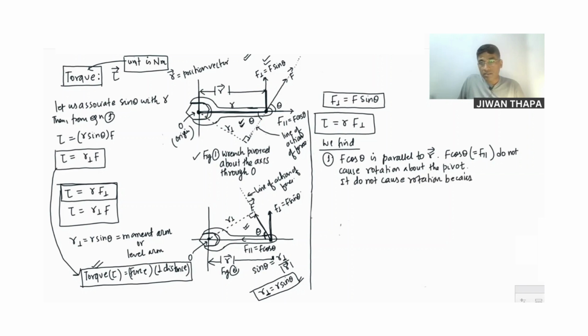It does not cause rotation because its line of action is parallel to the axis or position vector. We can see F cos theta, its line of action is parallel to the position vector.